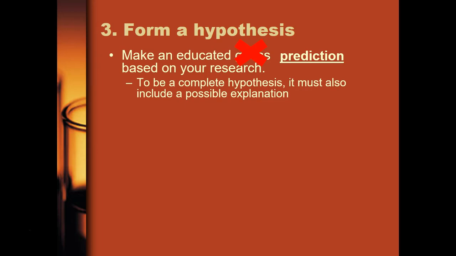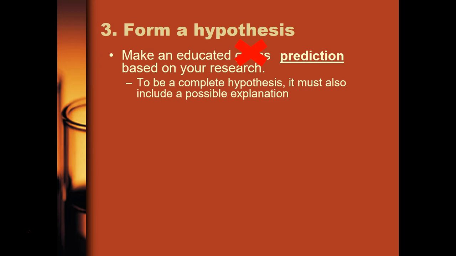So to be a truly complete hypothesis, I'm not just stating what I think is going to happen, but I'm telling my reader, or I'm telling myself, or I'm telling my research team why I think that this is the prediction that I'm expecting to see, the outcome I'm expecting to see, and it's because I have done that previous research, okay? So that's something I'm going to nitpick on. It is not an educated guess, it's an educated prediction because you've done step two.